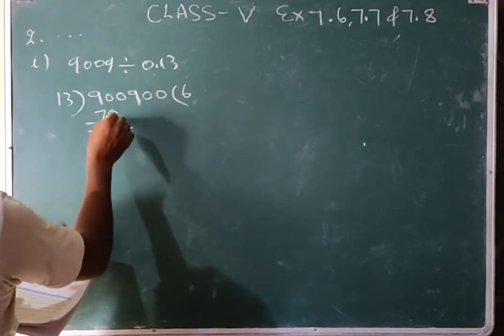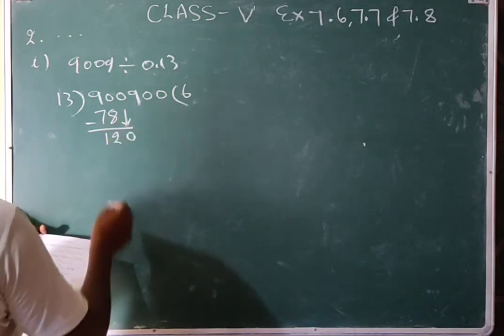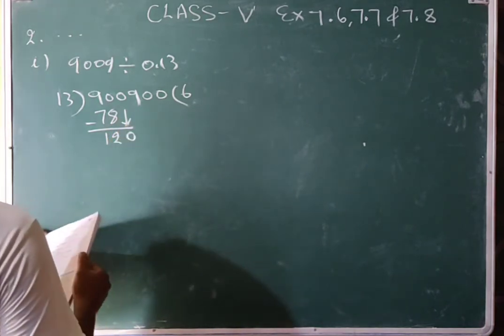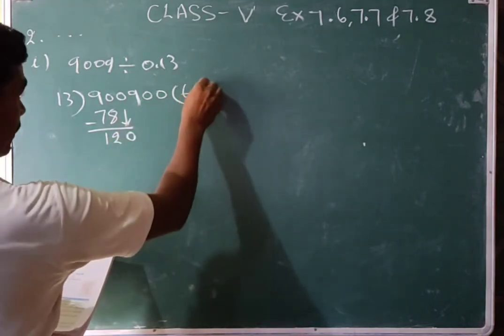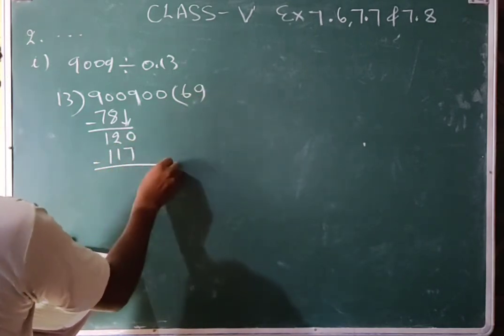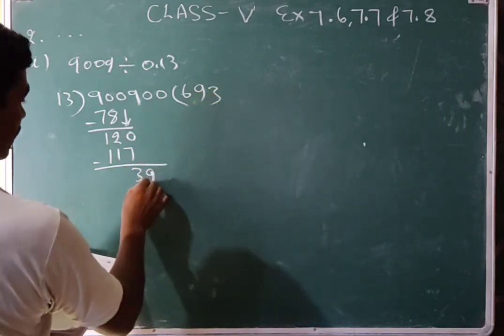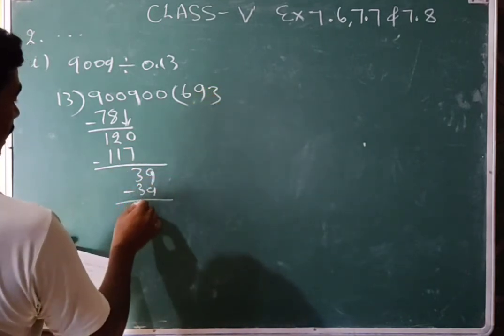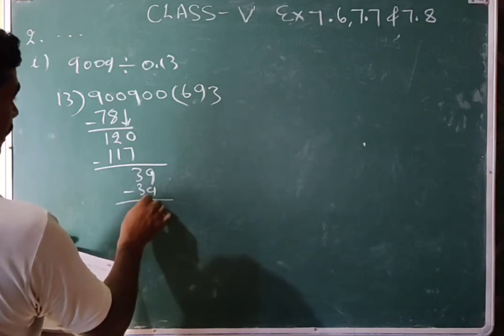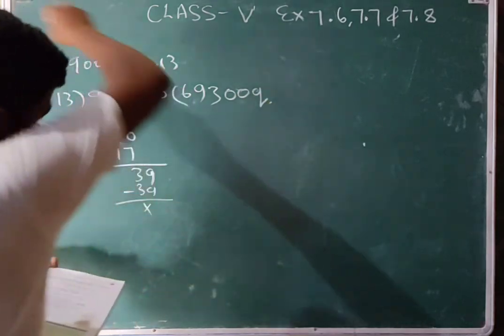78, that will be 12 is left, then 0, and now that will go 9 times. 13 9 ja 117, and then left is 3, 13 3 ja 39, and then left is 0 and 2 zeros are left also, so we will put 2 zeros similarly.